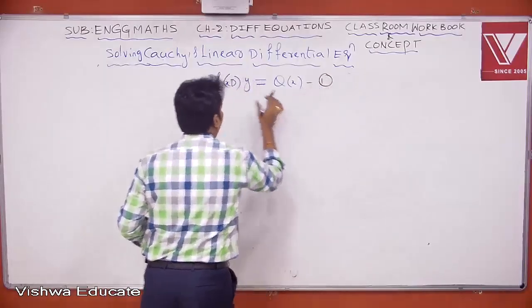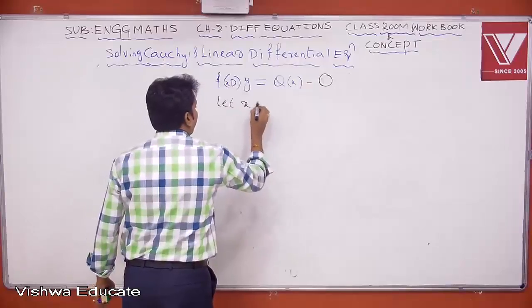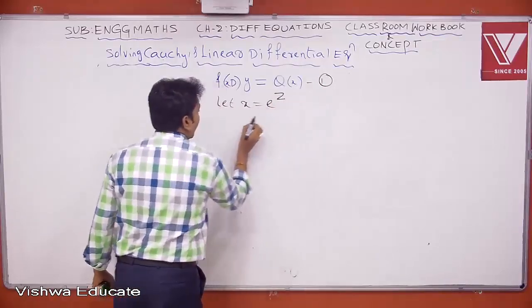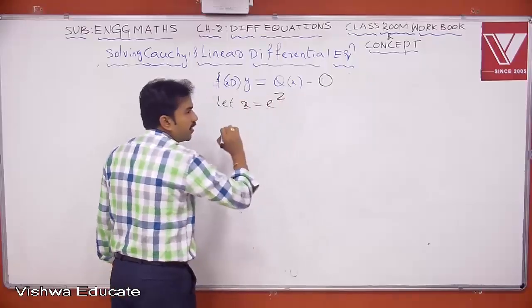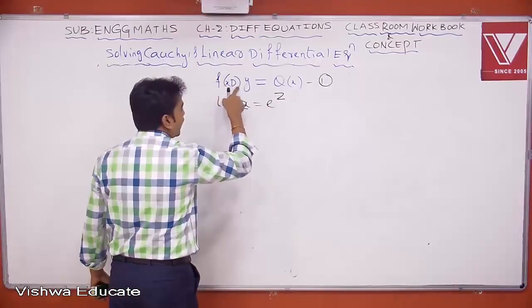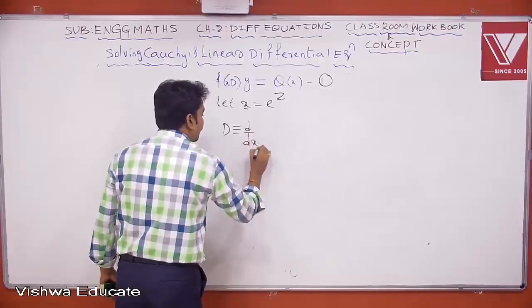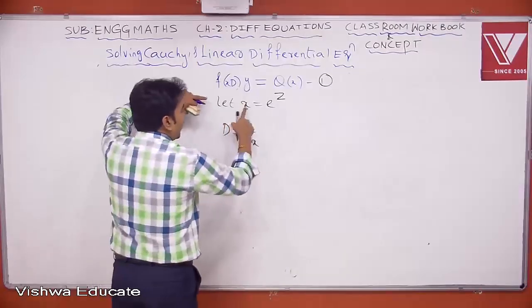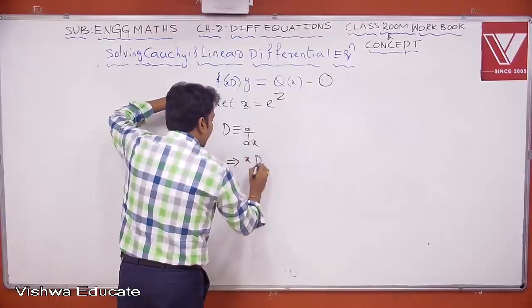In order to get the general solution of this equation, I take x equal to e power z. So first I am converting the independent variable x into a new independent variable z. Inside this f of xd, what is d? D is nothing but a differential operator with respect to x. So when I take x equal to e power z, xd becomes theta.